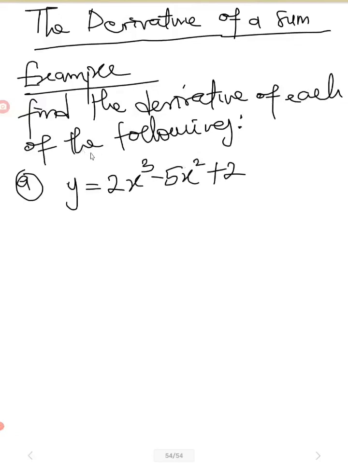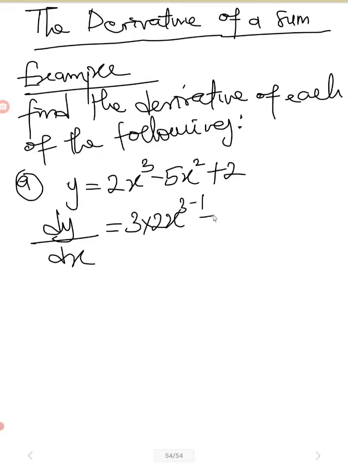Let's have the example straight. Find the derivative of each of the following. The first one is this. We want to differentiate the value of y with respect to x. So with the steps of the general formula we have used, you discover that it will be 3 times 2x to the 3 minus 1, minus 2 times 5 times x to the 2 minus 1.